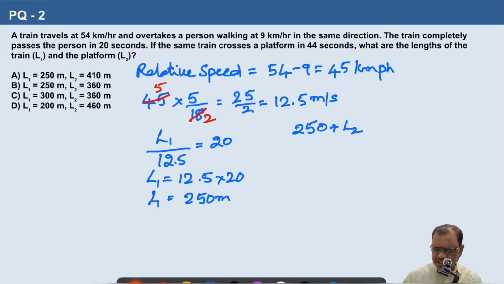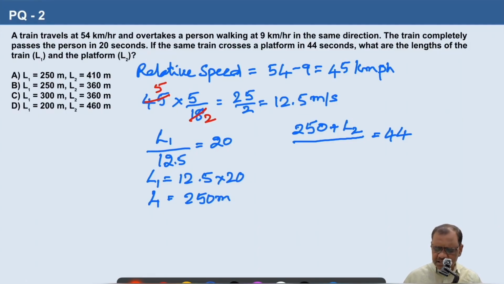It will take 44 seconds to cross the platform. Sorry, not relative speed; since the platform is not moving, we should consider the speed of the train in the denominator, with time 44 seconds.